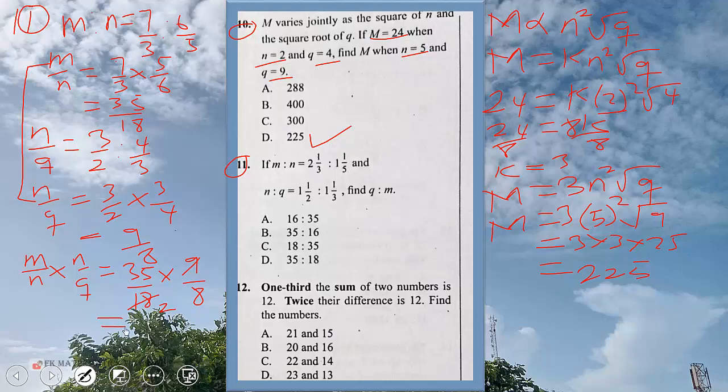So this will cancel to give you m over q to be equal to 35 over 2 times 8, which is 16.